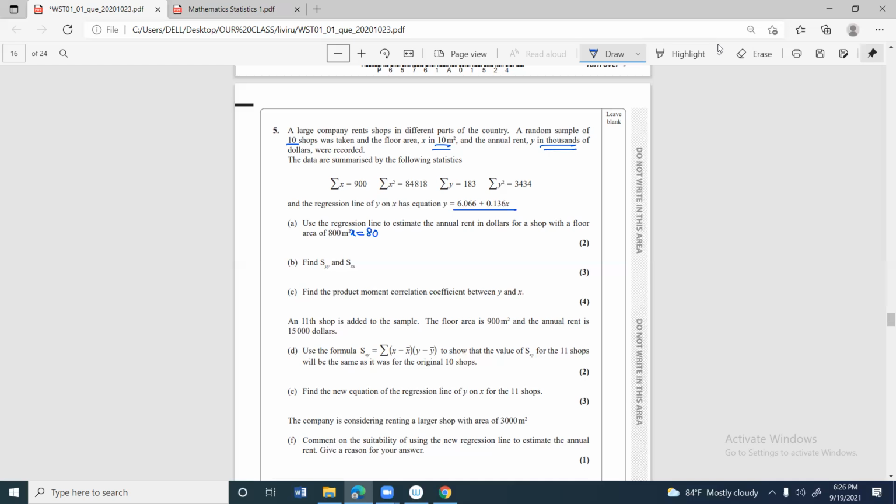Then you can substitute into y equals 6.066 plus 0.136x, with x as 80. With that, you get y equals 16.946, whereas this value is given in thousands. Therefore, the exact amount should be 16,946 pounds. That would be the final answer with that, right?